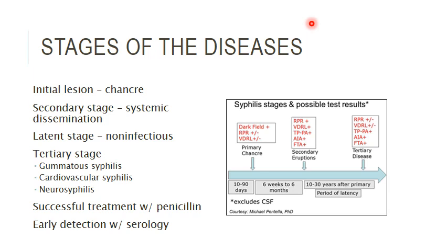Now, once it gets to tertiary phase, we're not going to be able to reverse any of the damage that's caused, but luckily, because we can identify and treat syphilis in the 3 preceding phases, we have been able to stave off tertiary syphilis in most patients who become infected.